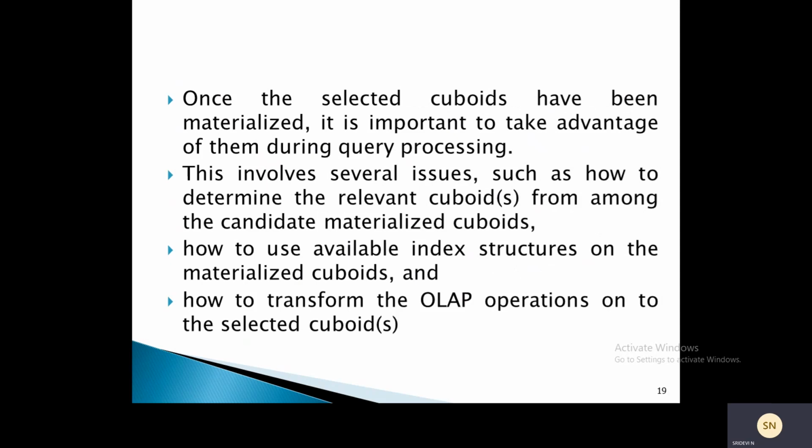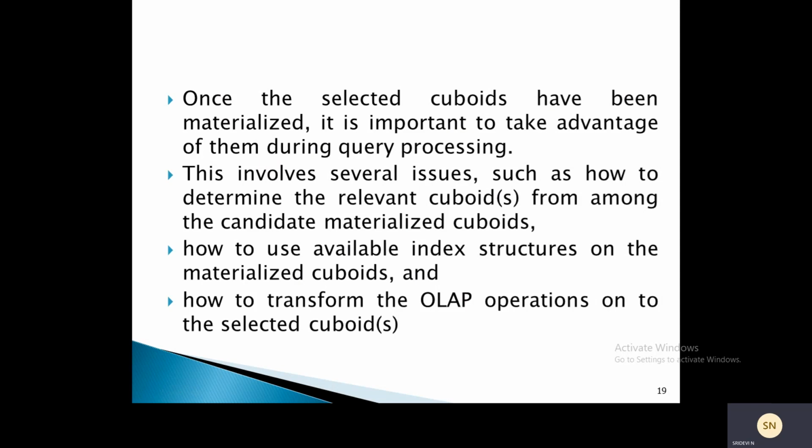It is important to take advantage of them during query processing. Just calculating without using them is of no use. Once the selected cuboids have been materialized, you also have to use them for query processing. This involves several issues, such as how to determine the relevant cuboid from among the candidate materialized cuboids. We have materialized some cuboids, so from them, how do we pick the relevant one?